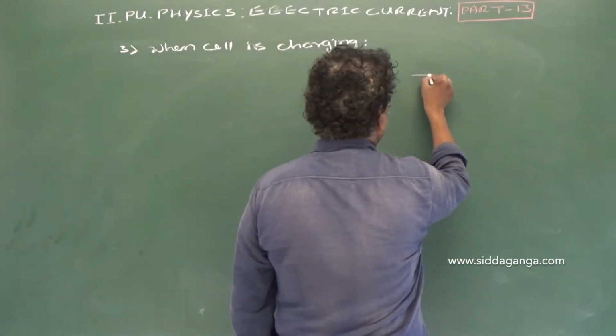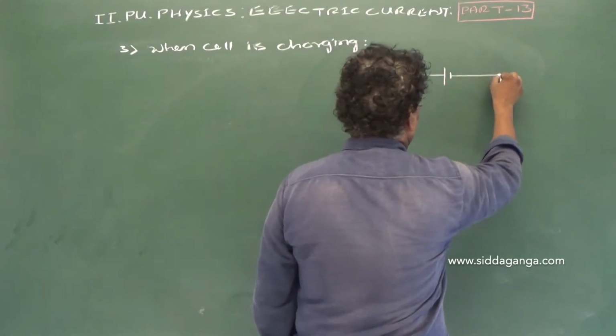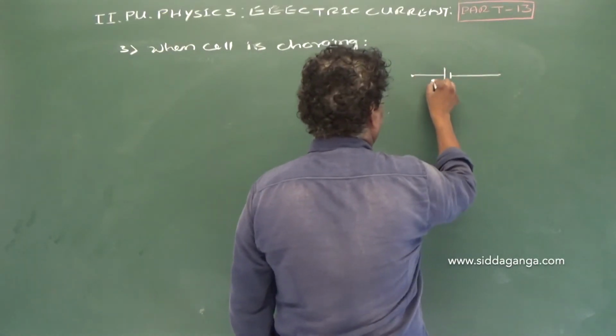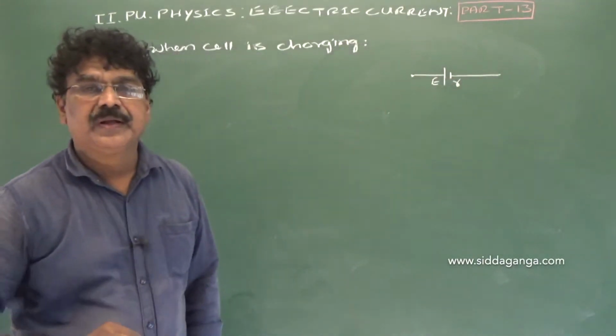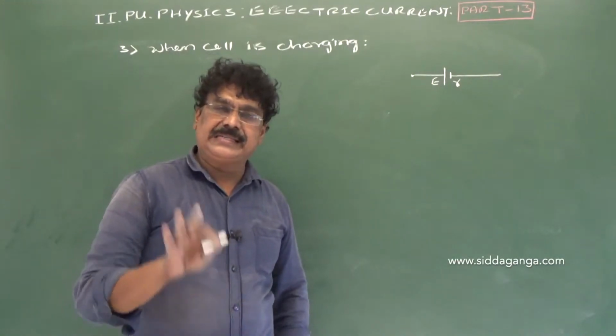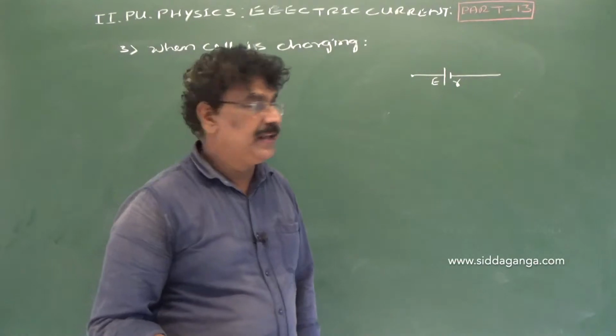Now, this is a cell of EMF E and internal resistance R. Now again, a cell can be charged by using a battery, right?